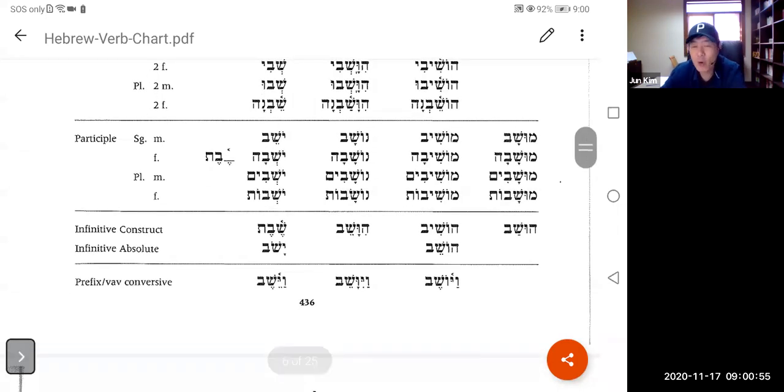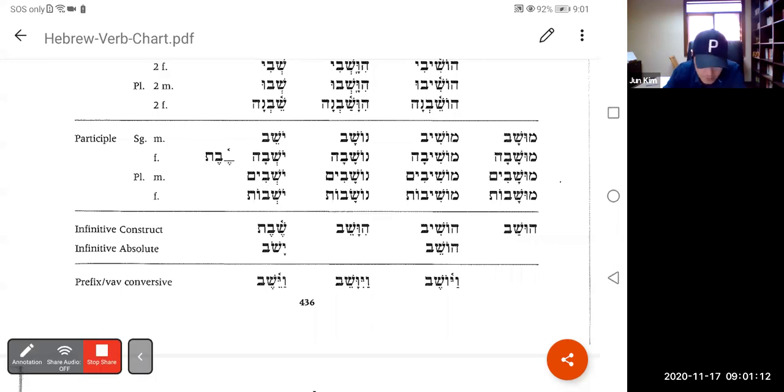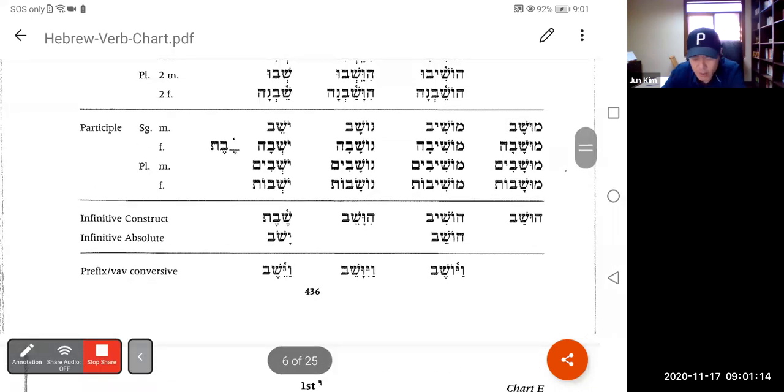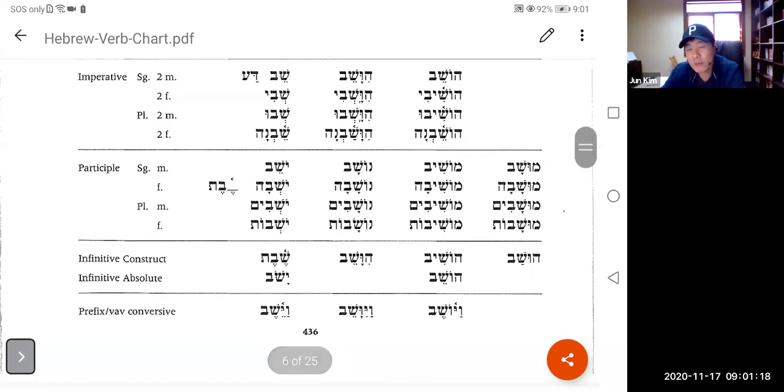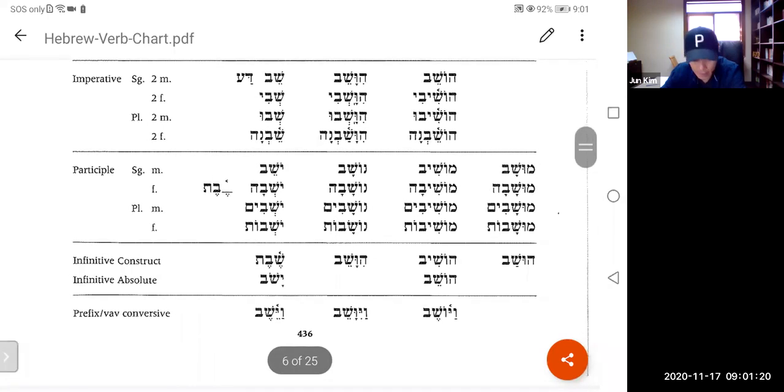So the idea that the yod is replaced by shurek is still there for the first yod vav hofal, because it is meant to be what? Holem plene. In the hifil stem, you see the first yod vav will be replaced by holem.